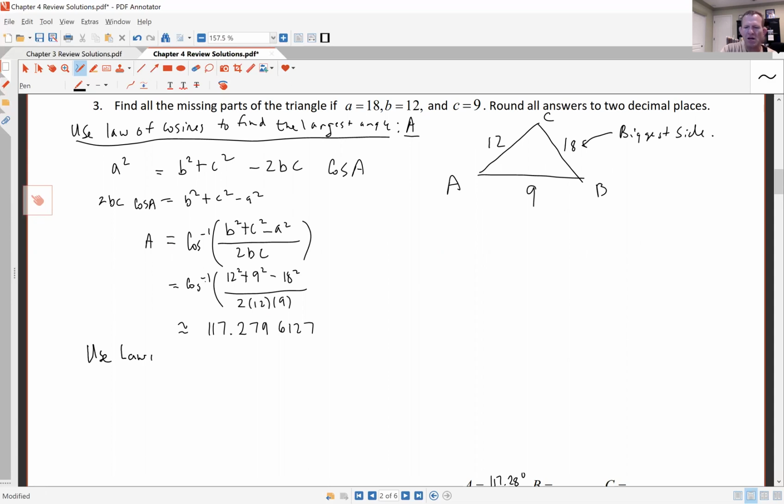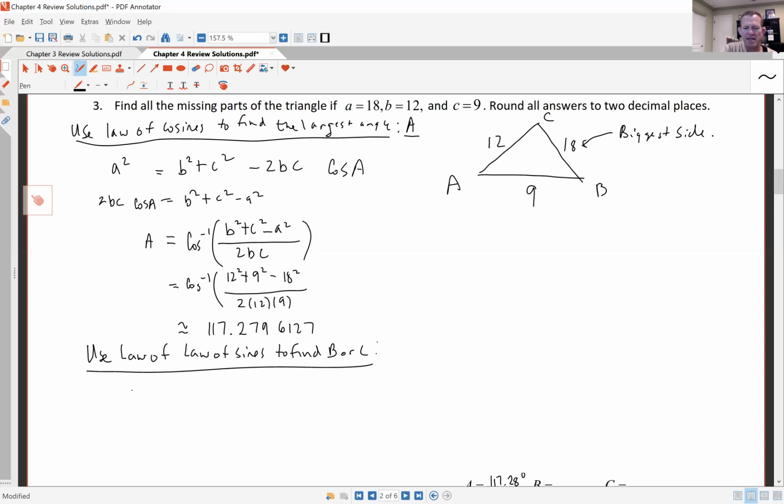You're welcome to use law of cosines, however, law of sines is always a little easier to use. To find B or C, it doesn't matter. I'm going to find B.